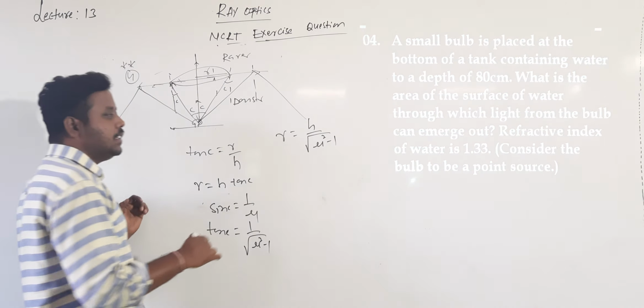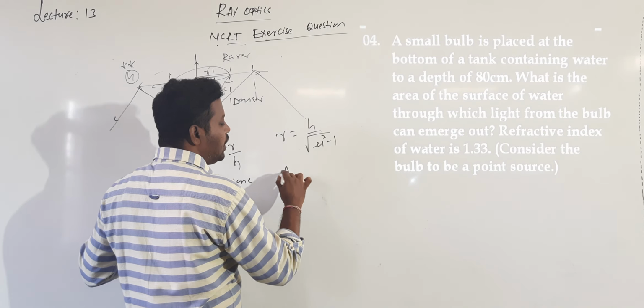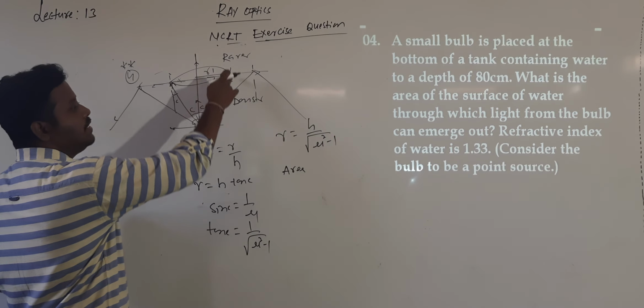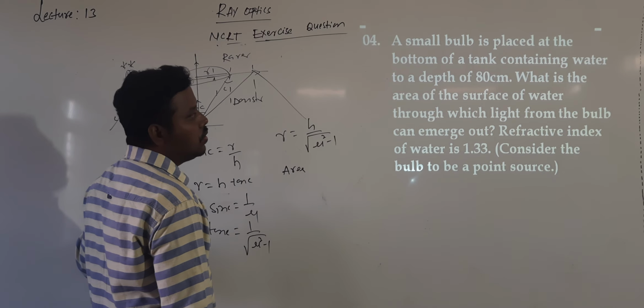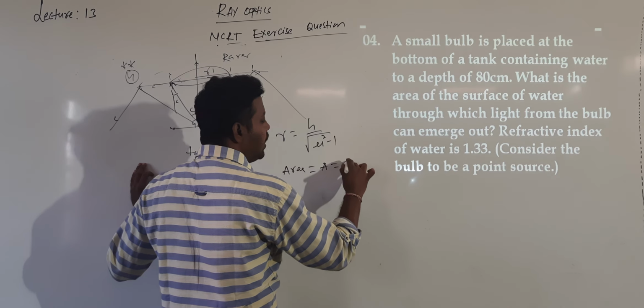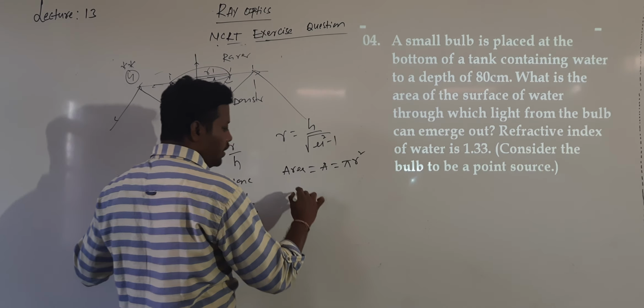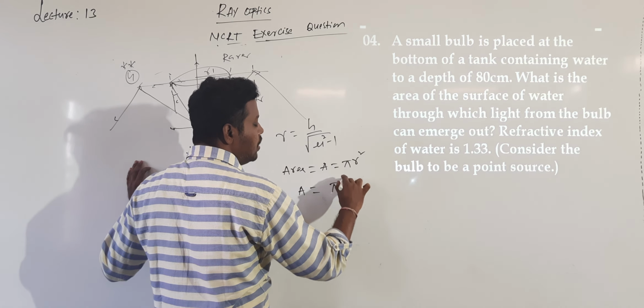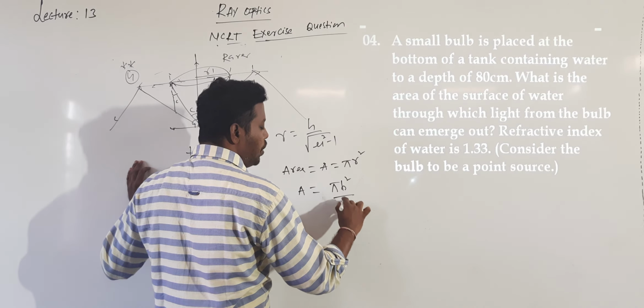When we know R, what is the area of this circle? They are asking for the surface area. Area A is equal to pi R square, so the area will be pi into h square divided by mu square minus 1.